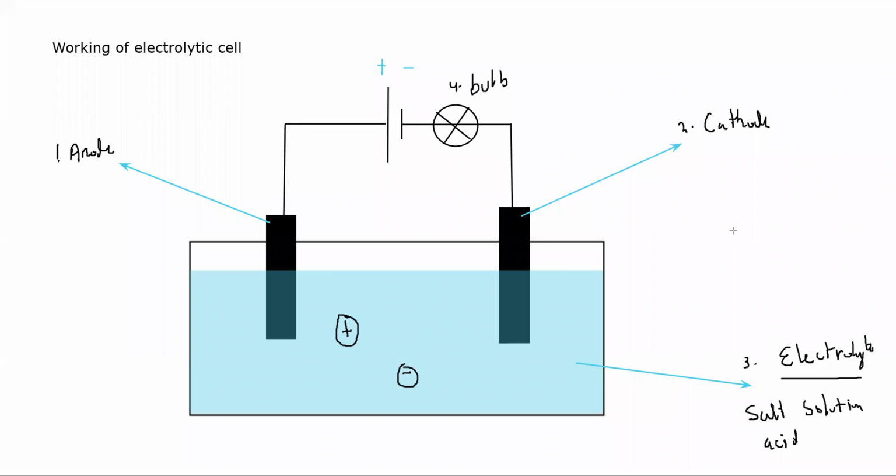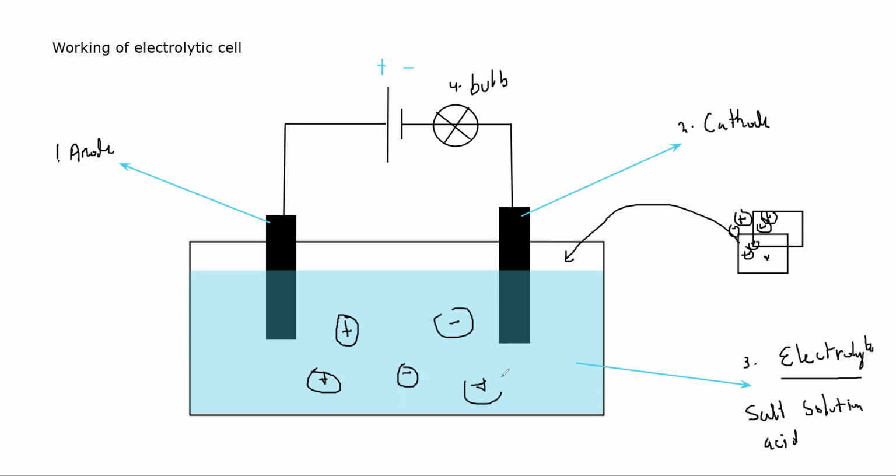An ionic compound exists as a lattice, a regular arrangement of positive and negative ions. But when we add this into water, the ions dissociate or break down. So electrolytes are generally salt solutions or acids dissolved in water.